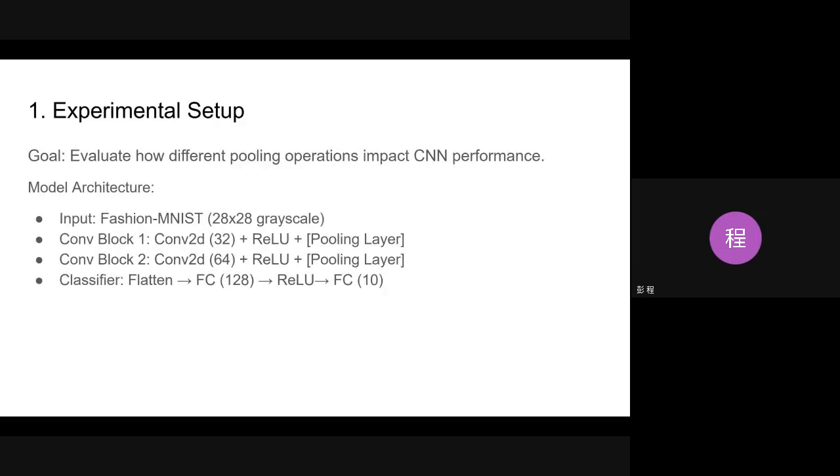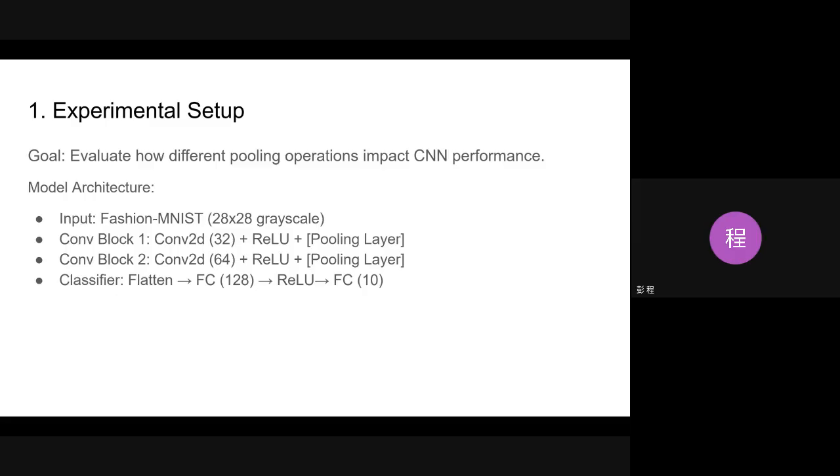To evaluate how different pooling operations impact CNN performance, first of all, our training data is Fashion MNIST, and our model structure is simply 2 convolution blocks.